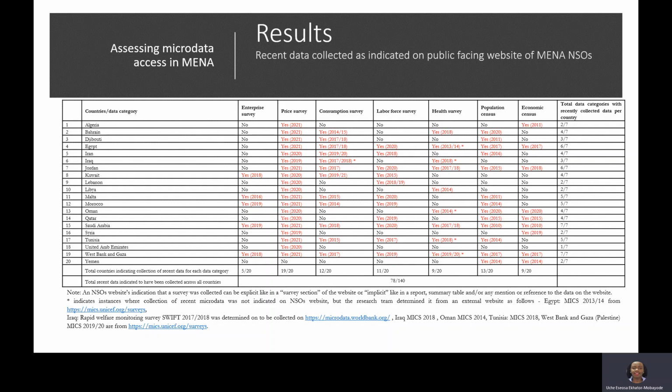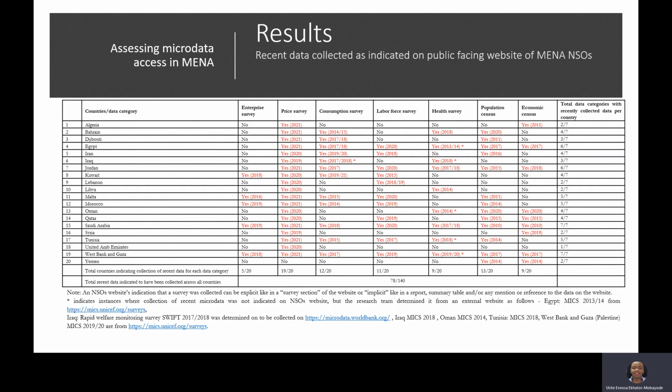Also, across countries, you have some countries that do better than others. For example, Saudi Arabia, as well as West Bank and Gaza, have collected all of the 7 data categories recently. You also have countries like Jordan as well as Egypt that follow closely behind. They've collected at least 6.